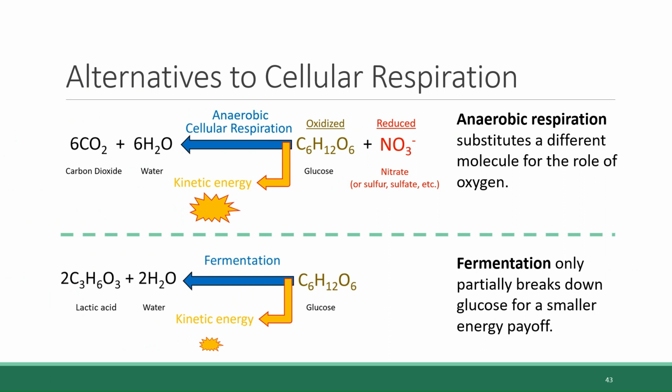We had talked about the fact that cellular respiration requires oxygen to extract the energy from organic molecules like carbohydrates. And when oxygen is not available, there are these two other processes that heterotrophs turn to: anaerobic respiration and fermentation, as you see on the top and the bottom, to break down molecules which will perform the exact same function as oxygen in the process. And the common oxygen substitute is nitrate.